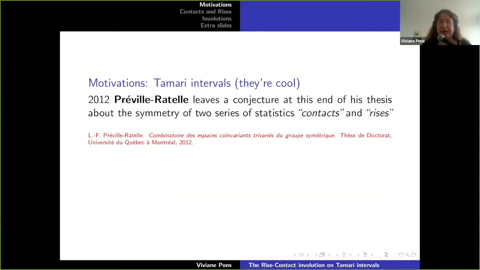When Préville-Ratelle wrote his thesis, he left it as a conjecture, a bit more general than the original one in the paper, because he defined two series of statistics, the contacts and the rises. He claimed that they were symmetric, but at this point he didn't have any proof, whether through the generating function or any combinatorial proof. So that's why it was still a conjecture.